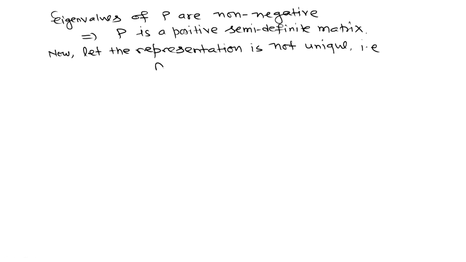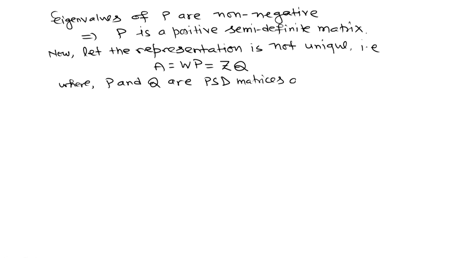That is, A equals WP equals ZQ, where P and Q are positive semi definite matrices and W and Z are unitary matrices.